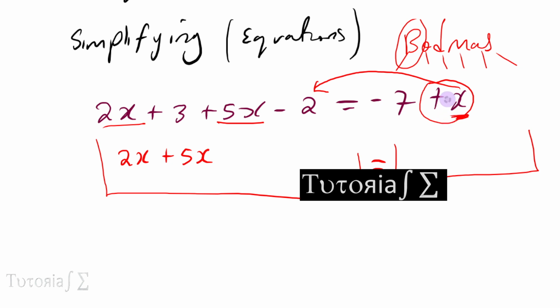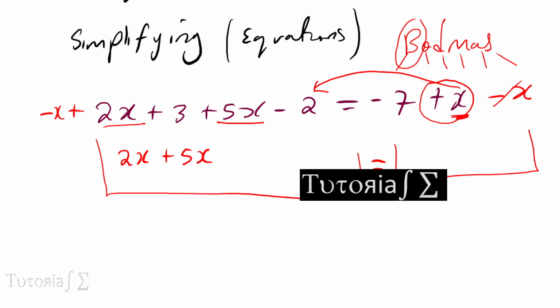Basically, what we're doing is introducing the additive inverse. Since we want to get rid of x here, we introduce negative x on this side, and then this and that will cancel.